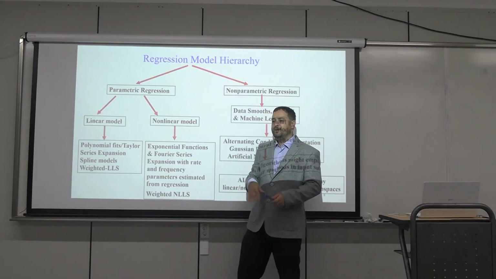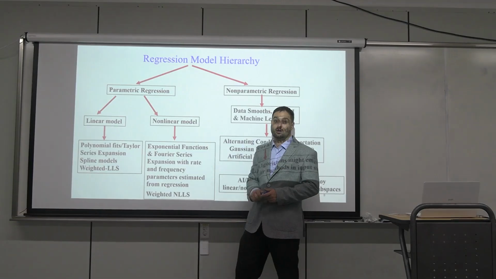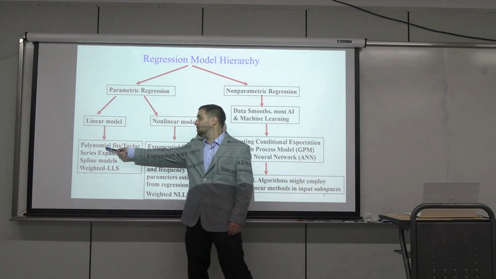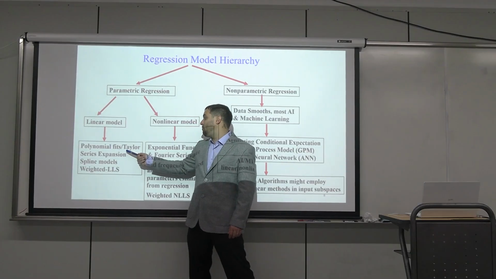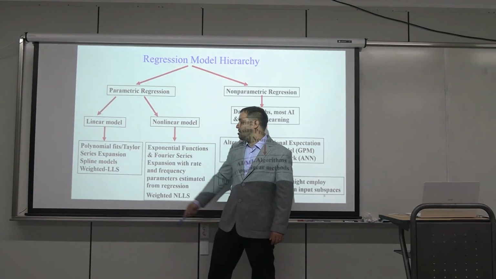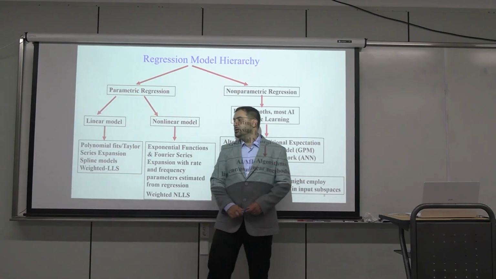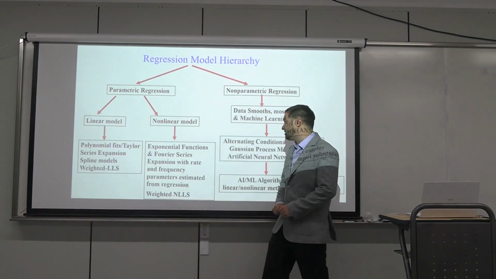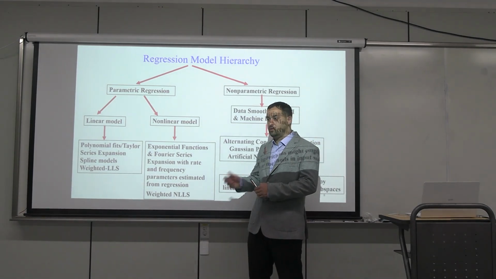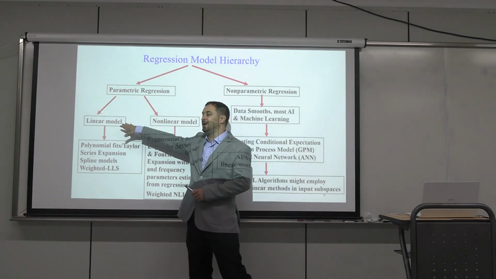I'm guessing at least 70 to 80% of all regressions have been linear models. The most common linear models are the polynomial fits, which are based on the Taylor series expansion concept. We also have spline models, and there can also be something called weighted linear least squares. Linear least squares regression is a type of regression that gives you a linear model.